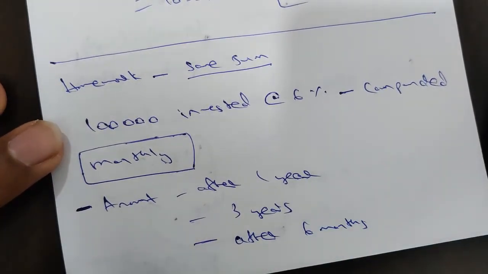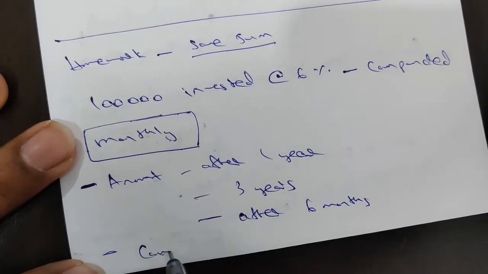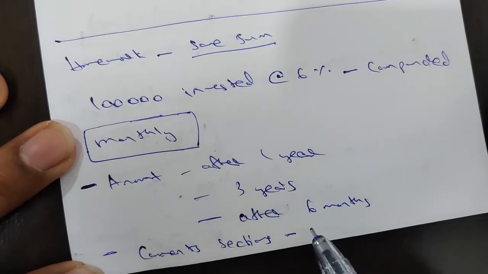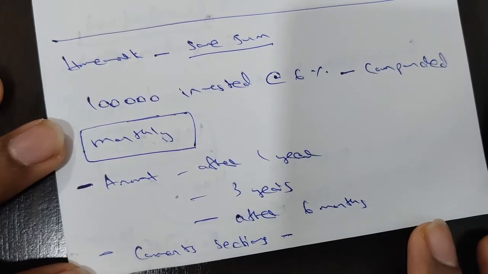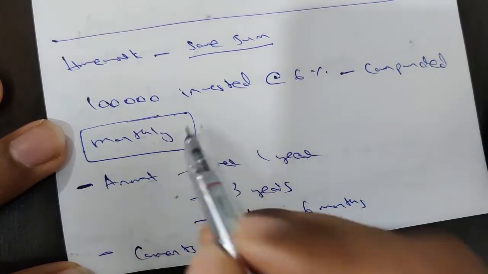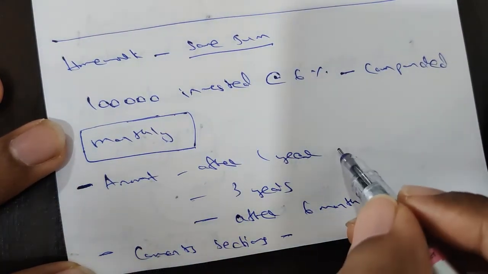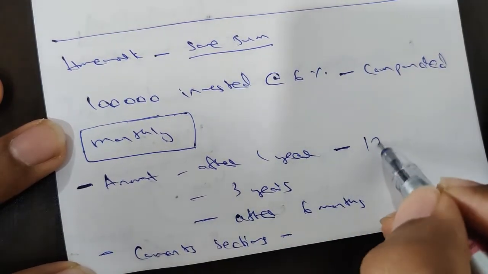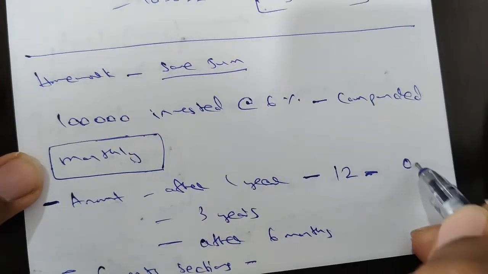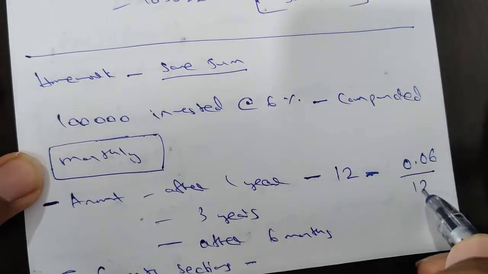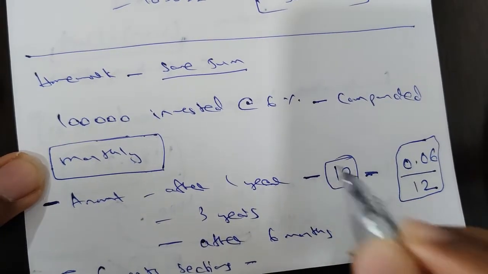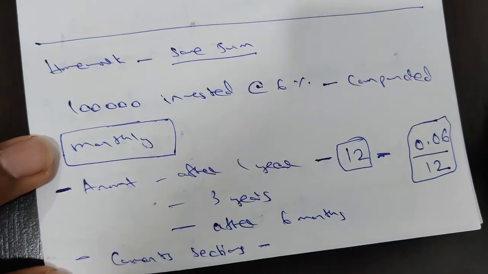Now where would you give me the answer? In the comment section. Let's see, have you been able to follow this concept of compound interest or not? So 1 lakh invested at 6%, compounded monthly. Just to give you a hint, how many periods are you compounding in 1 year? 12. And what does your rate of interest become? 0.06 divided by 12. So this should make it very simple. Just give your answers in the comment section.